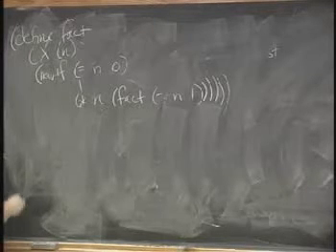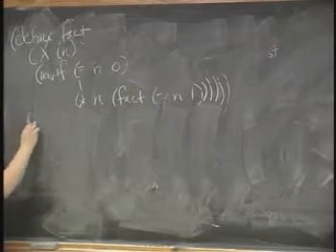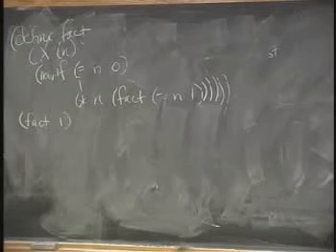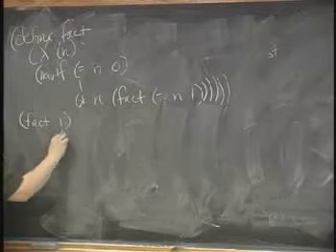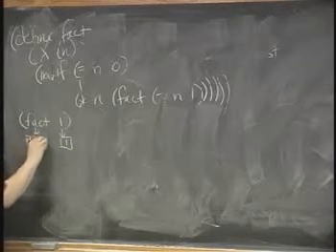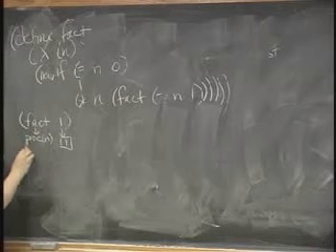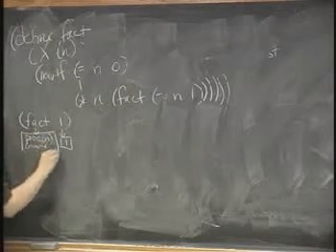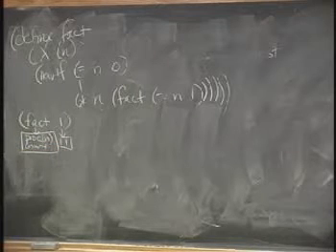Well, let's check it out. Let's try out fact of 1. This is a procedure of 1 argument, which does new if. Apply this to that.